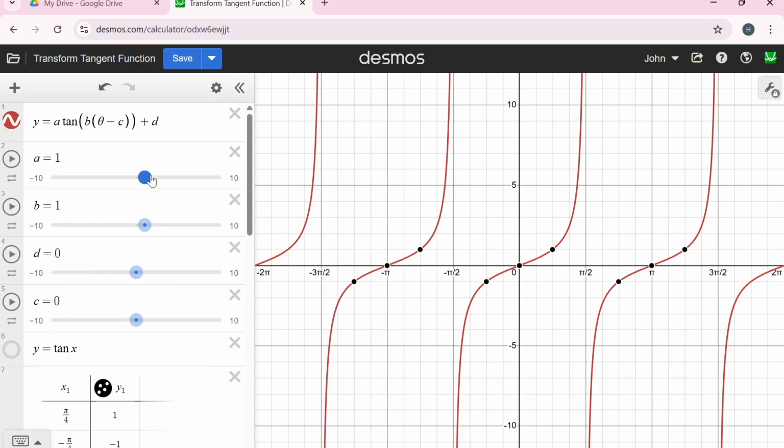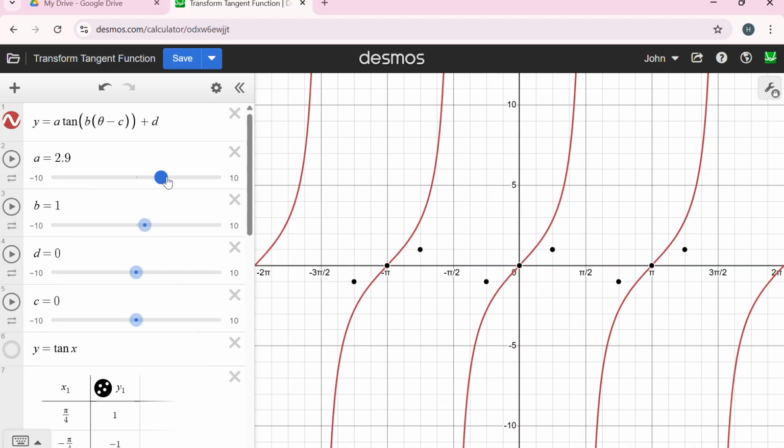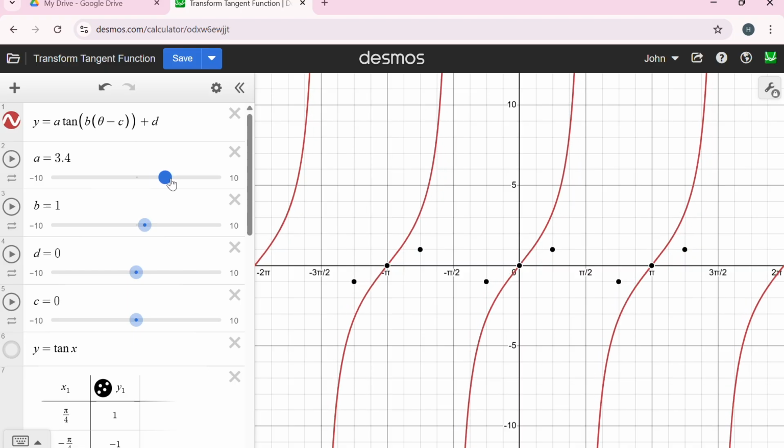If I go to an a value of 2, it's going to stretch it up. So it's a vertical stretch about the x-axis.